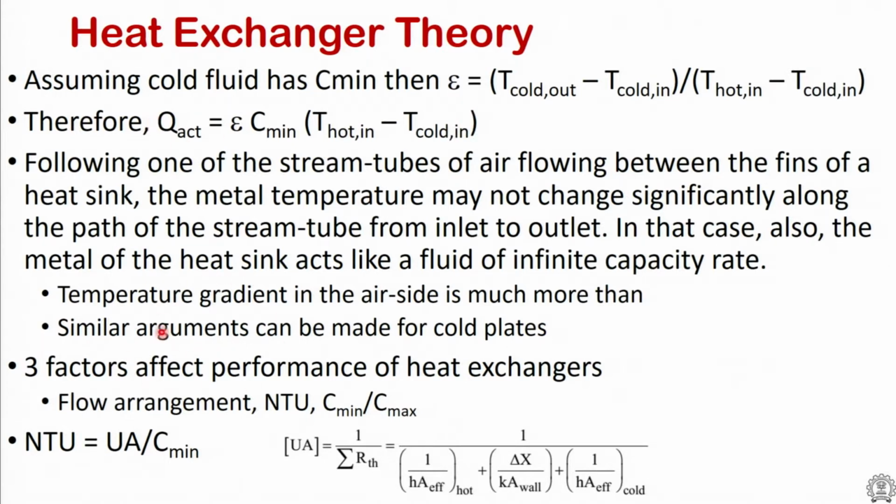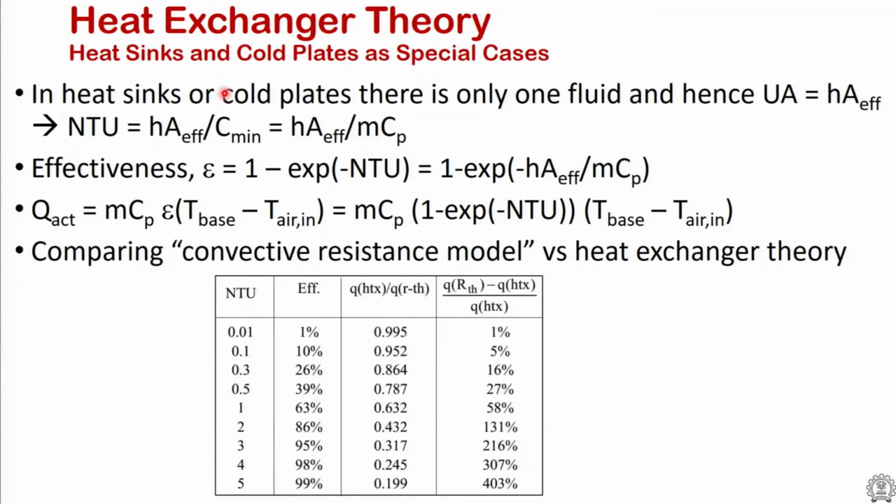Then, using this idea, based on the discussion, NTU is nothing but the overall heat transfer coefficient times area divided by C min, and we can use this definition of NTU to describe our effectiveness as 1 minus exponential of minus NTU. This is coming straight out of the heat exchanger theory.